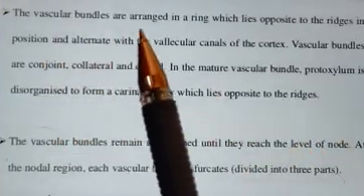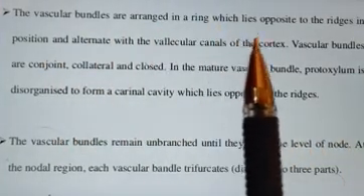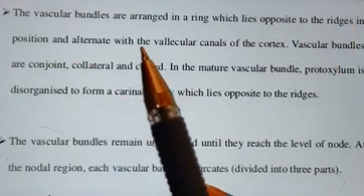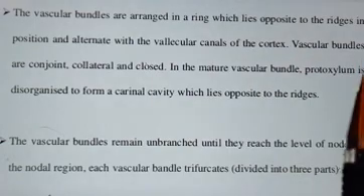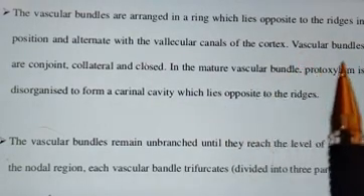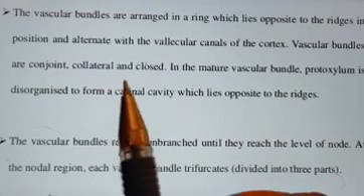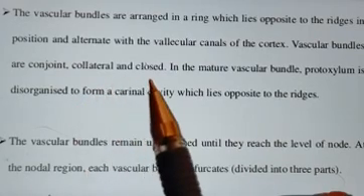So the vascular bundles are arranged in a ring which lies opposite to the ridges in position and alternate with the vallecular canals of the cortex. Okay, so vascular bundles are conjoint, means xylem and phloem are joined to each other, then collateral and closed.